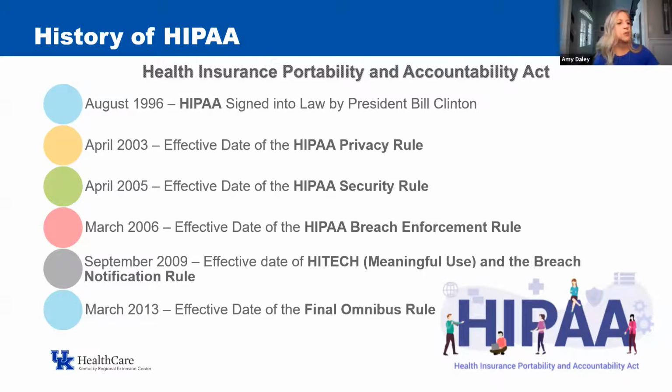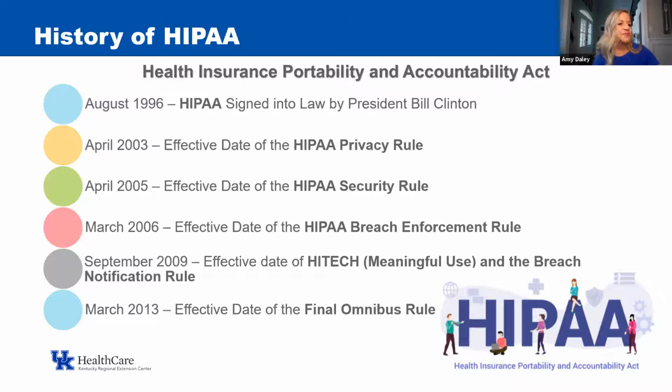The omnibus rule set out to make covered entities aware of the HIPAA safeguards that they had to adhere to. Again, we were still seeing breaches that were pointing to the fact that we really weren't following our responsibilities under the HIPAA security rules specifically.